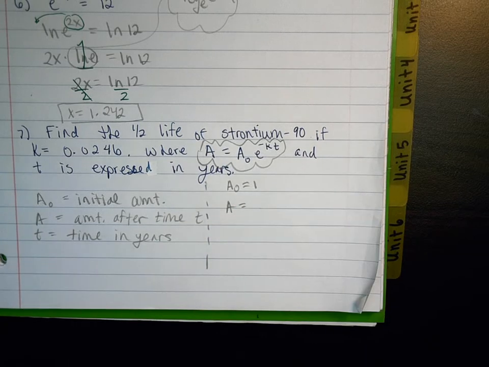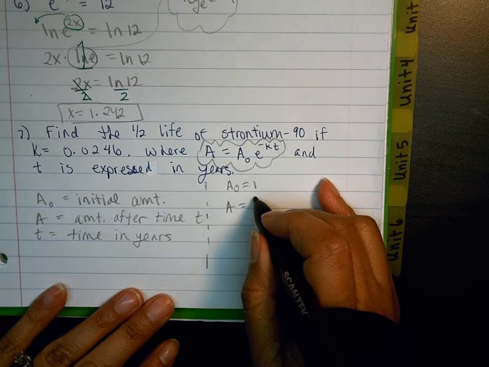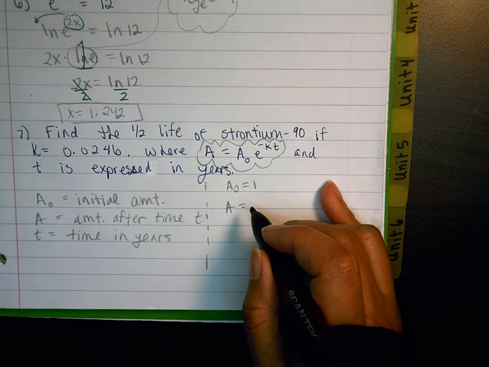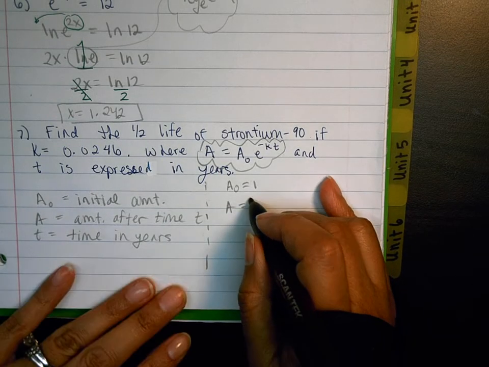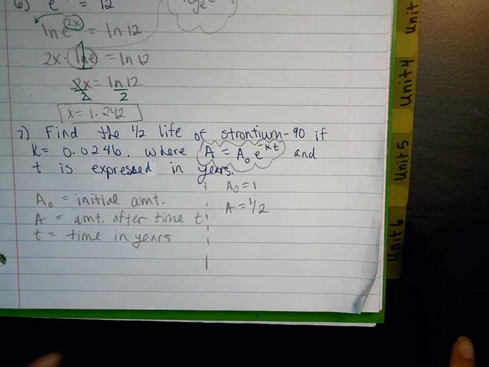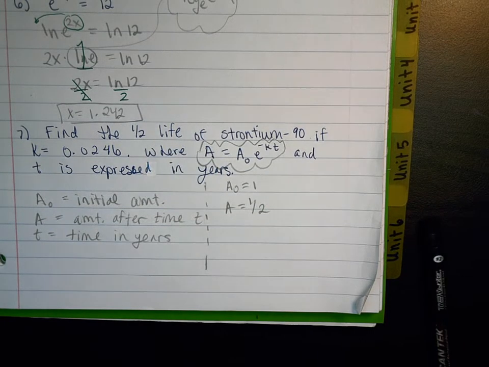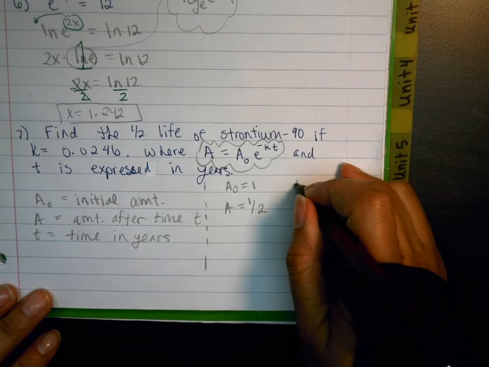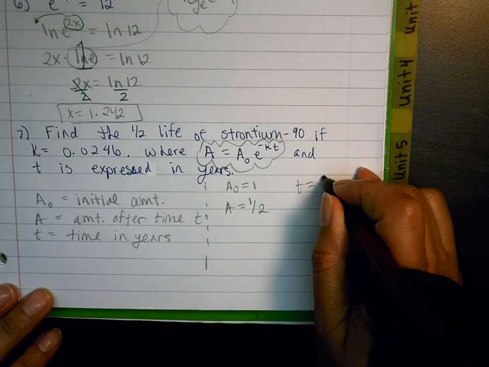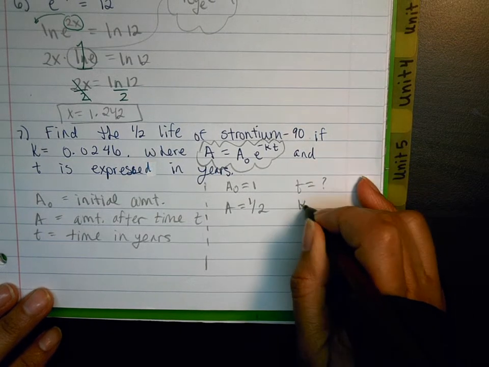In this case, we're looking for the amount of time it takes to end up with half of what we started with. So A naught is 1, A is 1/2, T is what we're looking for, and K equals, where's K?